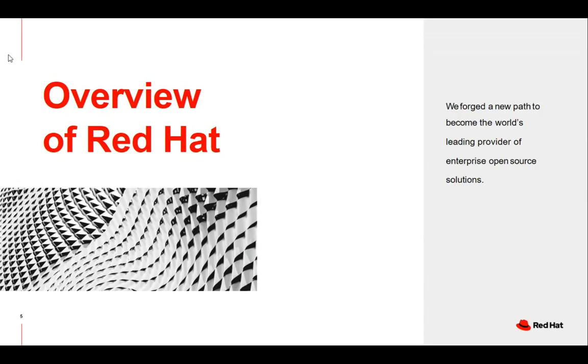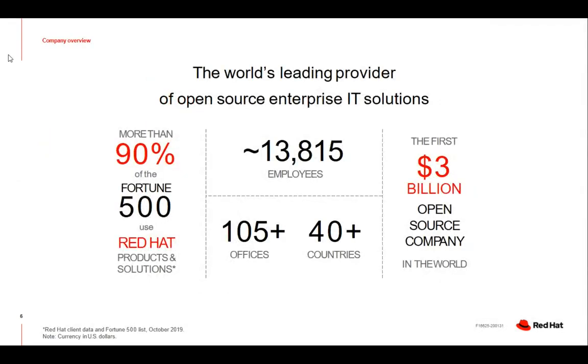They were the first ones to take the lead and become so huge, so widely accepted in the world. Today, Red Hat stands as a company which has 13,815 employees operating out of 105 offices based in 40 plus countries, the first $3 billion open source company, with very, very reputed customers in their bucket.